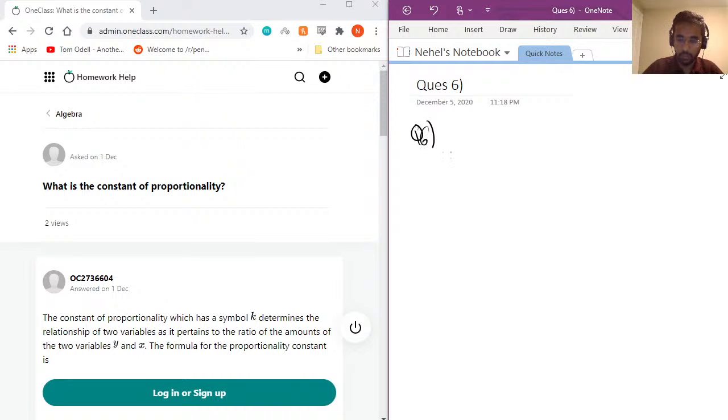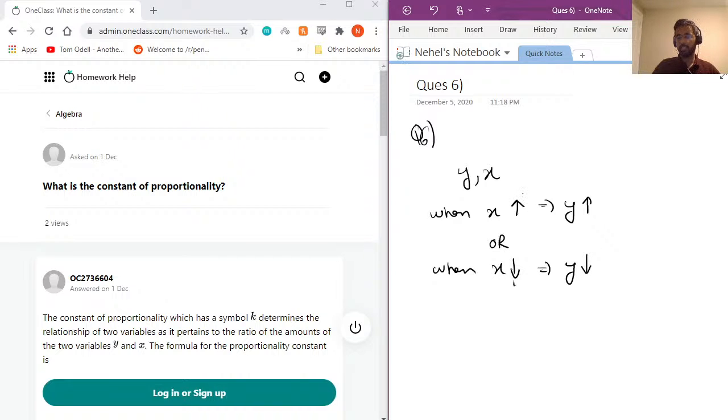For example, if we have two variables x and y, and when x increases, y also increases, or when x decreases, y also decreases, we can call them proportional.